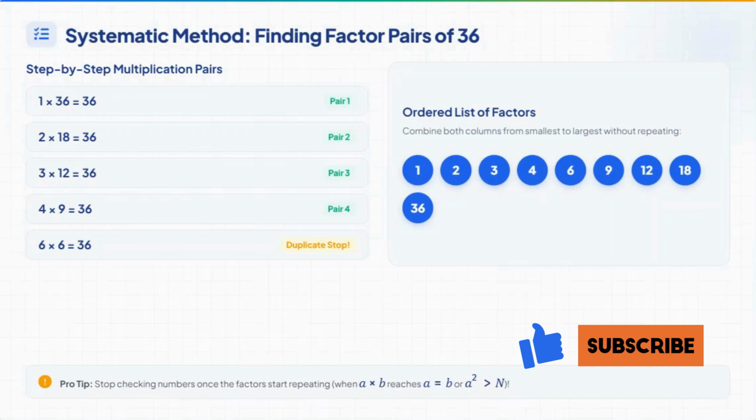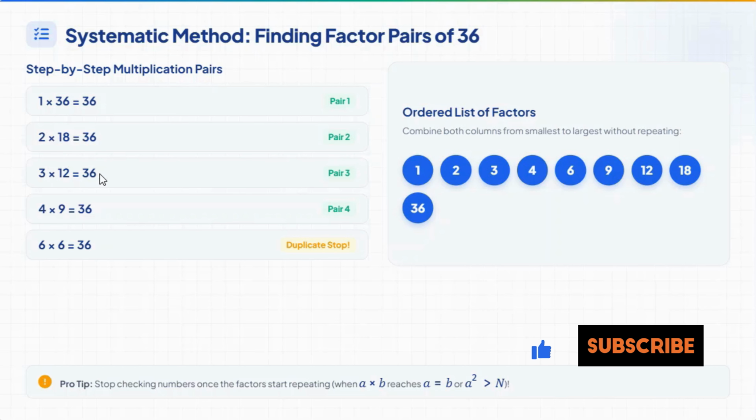Now, how do you make sure you never accidentally skip a factor on a test? You use the factor pair method. Let's find the factors of 36. Always start with 1. 1 times 36 is 36. Next try 2: 2 times 18 gives us 36. How about 3? 3 times 12 is 36. Try 4: 4 times 9 gives 36.